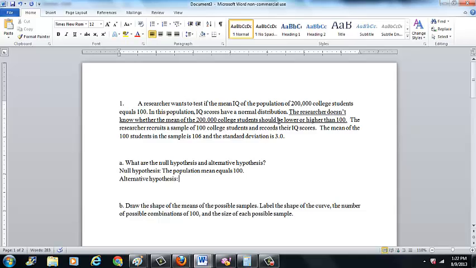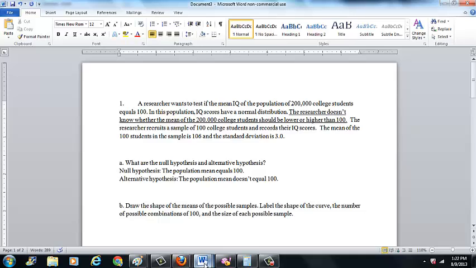The researcher isn't really interested in whether it's higher or lower than 100, or at least doesn't have a reason to predict whether it's higher or lower than 100. So the alternative is population mean doesn't equal 100.